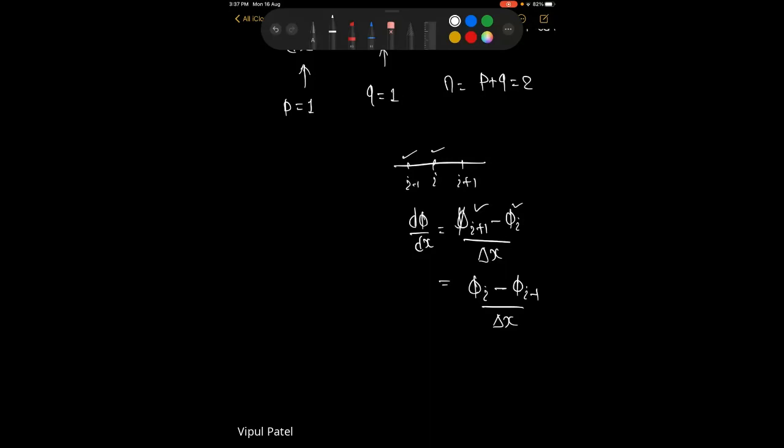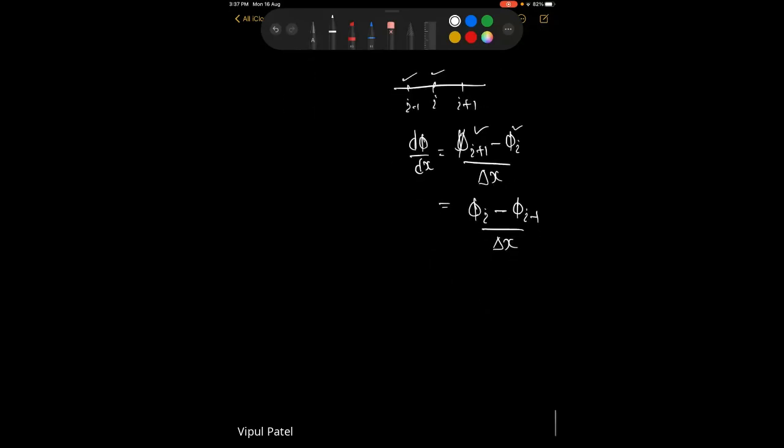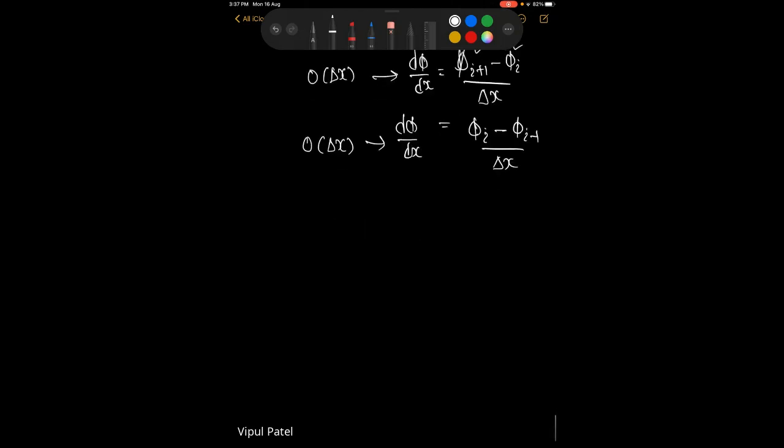But when it comes to central difference approximation, we know that the forward difference has an order of accuracy of 1, and the backward difference approximation also has an order of accuracy of 1. But if I use central difference approximation, then my equation was phi at I plus 1 minus phi at I minus 1, on both sides of I, and then you have this 2 delta x term.